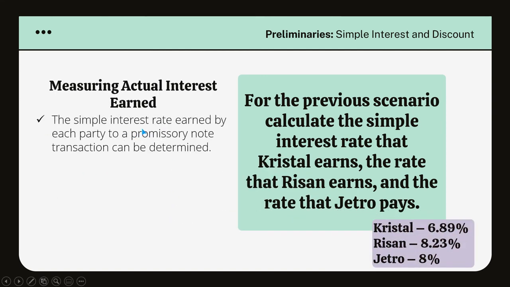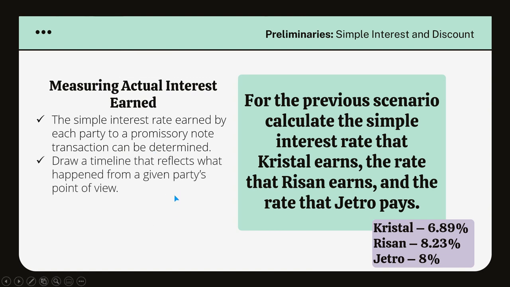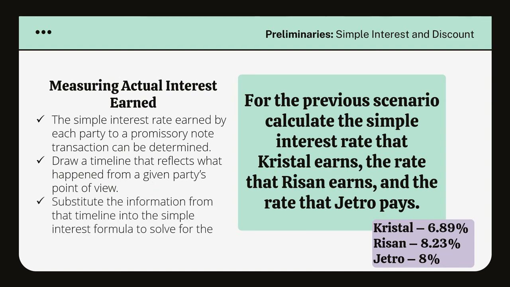The simple interest rate earned by each party to a promissory note can be determined from a promissory note transaction. So, draw a timeline that reflects what happened from a given party's point of view. And then, we're going to substitute the information from that timeline into the simple interest formula to solve for the rate that the party actually earned.